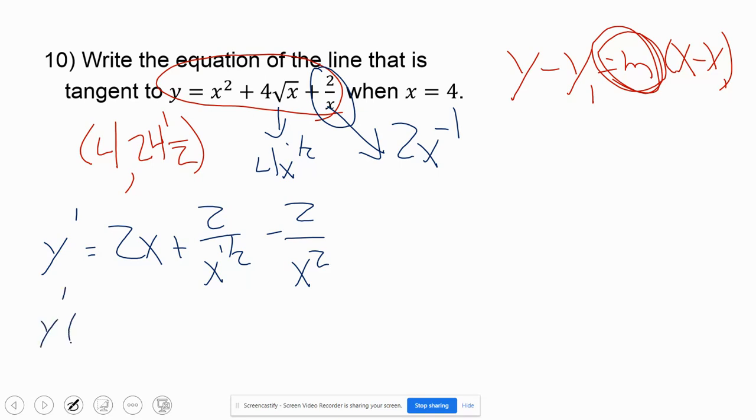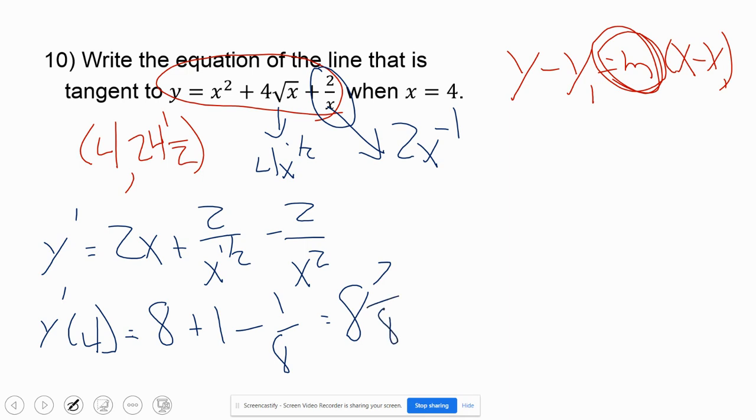And then we need to know the slope at 4. If I plug in 4, I'm going to get 8 plus 2 over the square root of 4, which is 2. 2 over 2 gives me 1, minus 2 over 16, which gives me 1/8, which would leave me with 8 7/8.